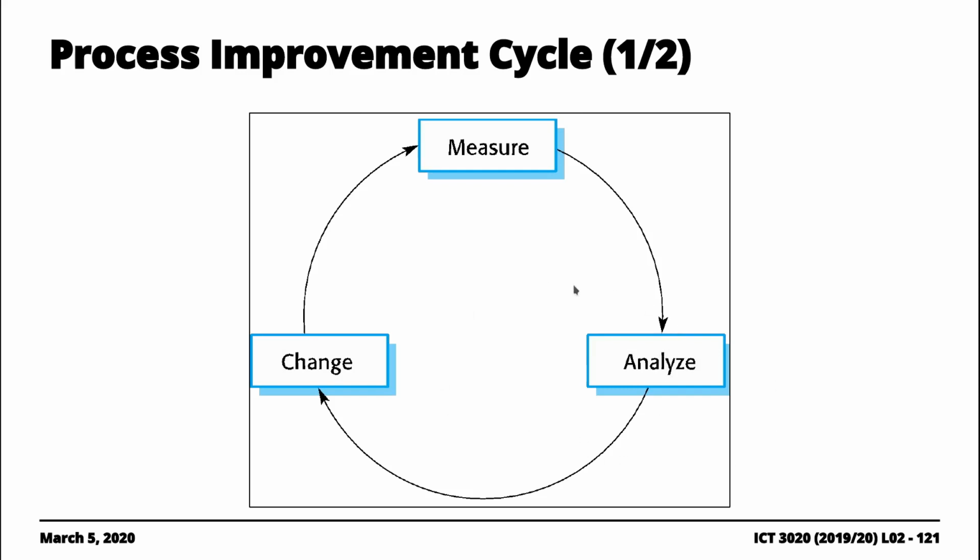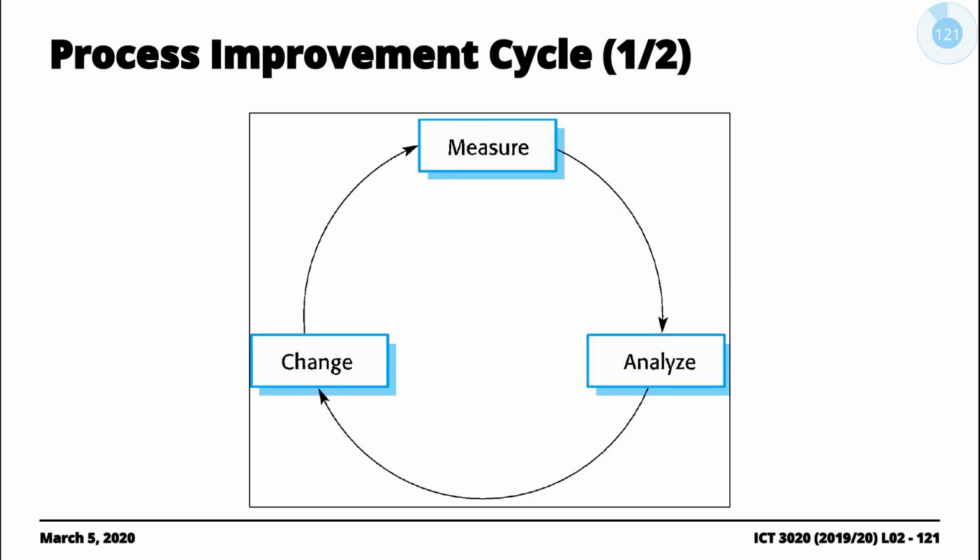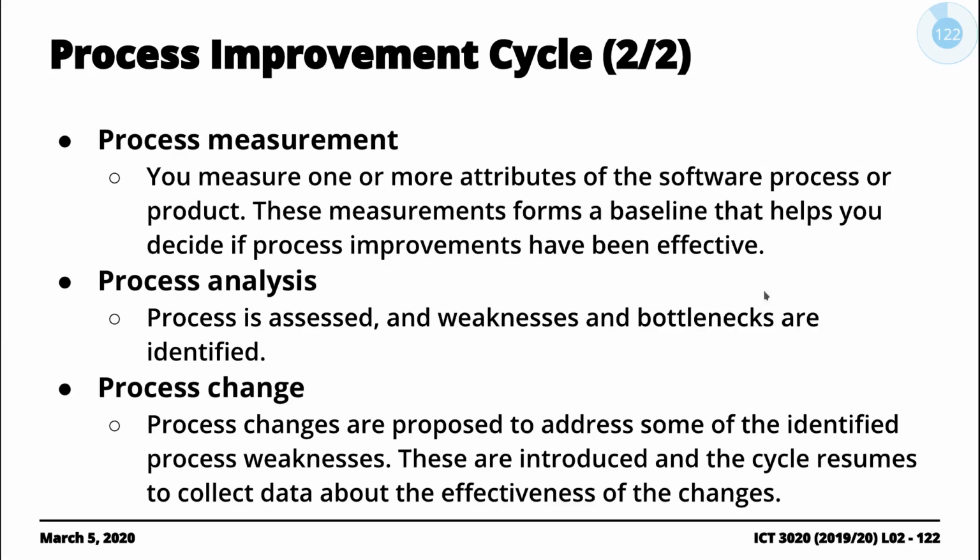You typically need to analyze the different software processes associated with the project that you are undertaking. And at some stage, incorporate changes into this process improvement cycle, and then you measure again. So you go through this loop, right? Just to underscore these 3 key aspects of the process improvement lifecycle.